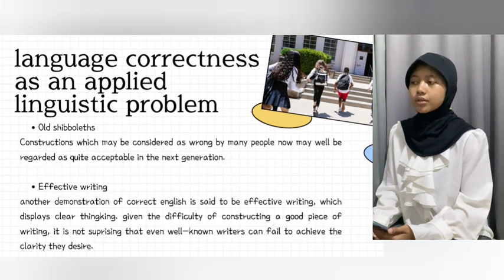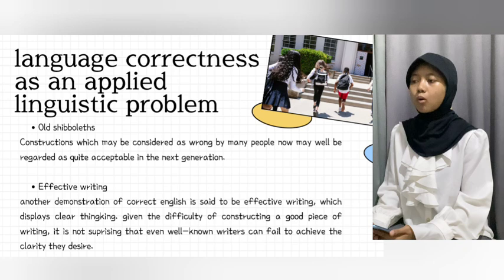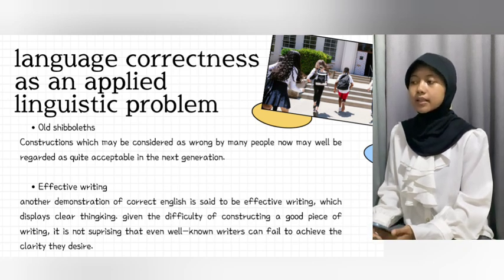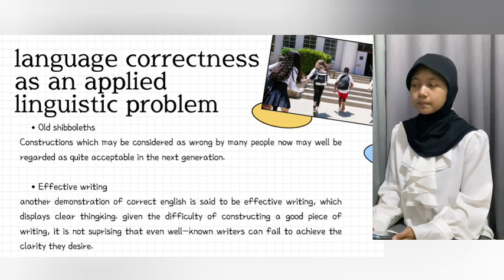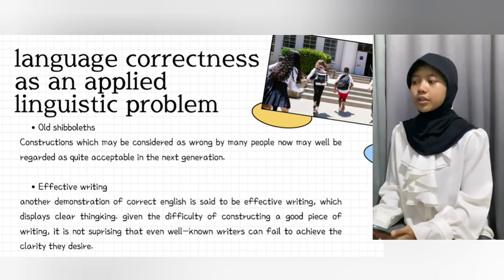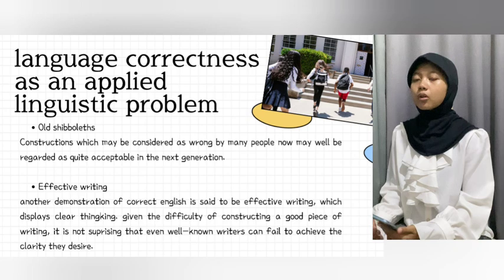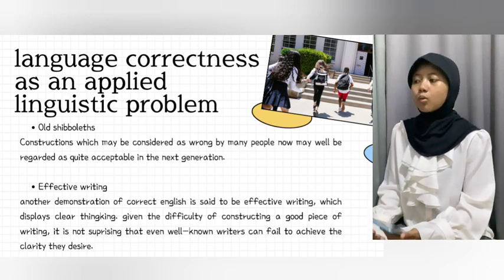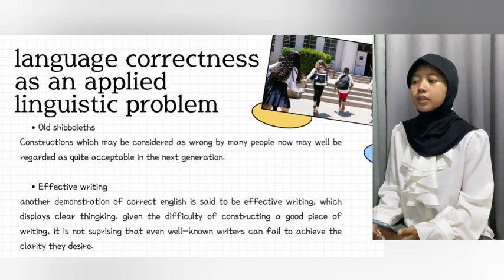Shibboleths: constructions which may be considered wrong by many people now will be regarded as quite acceptable in the next generation. Effective writing, another demonstration of correct English, is said to be writing which displays clear thinking.